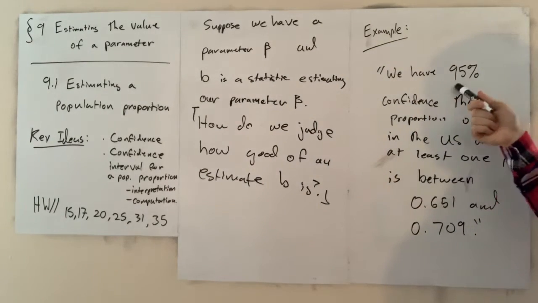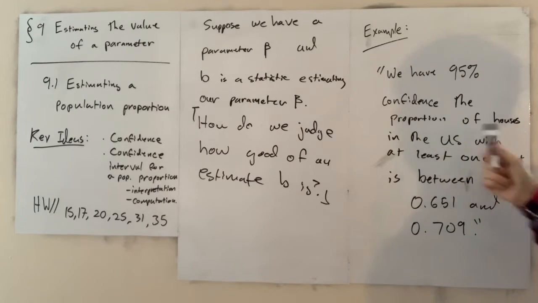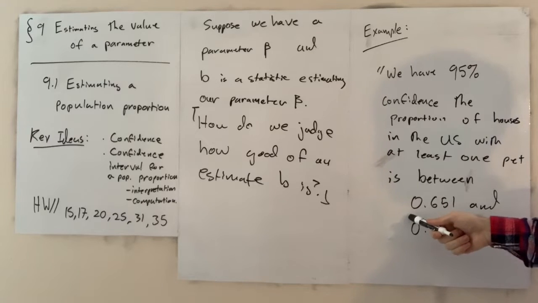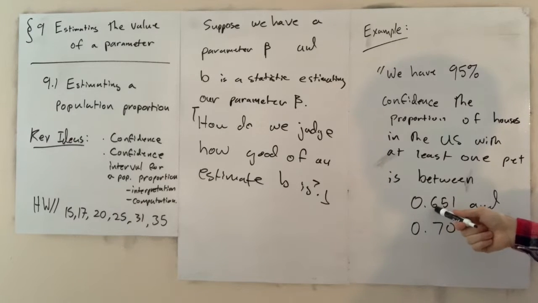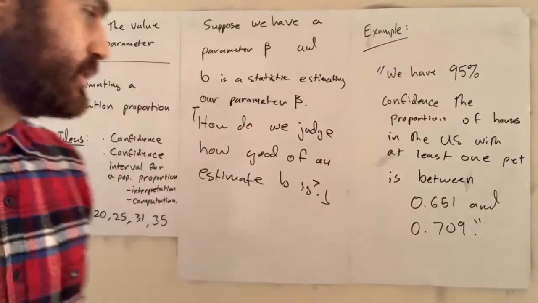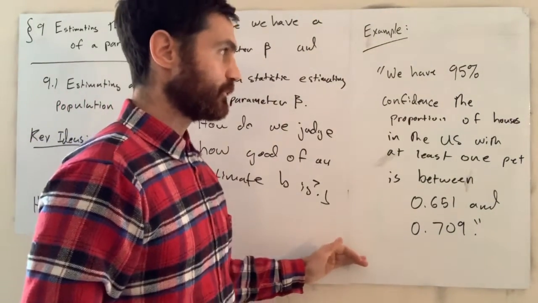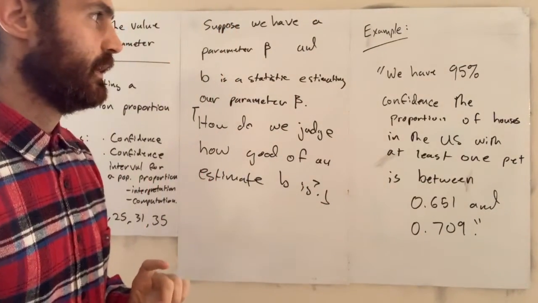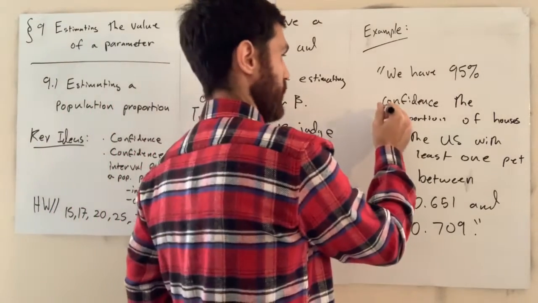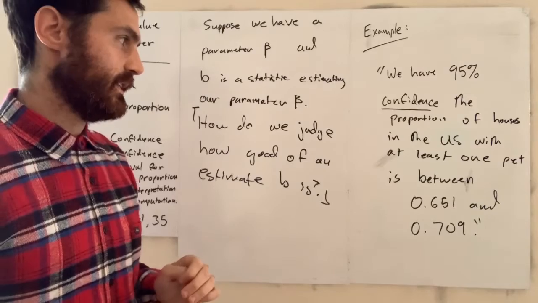We have 95% confidence the proportion of houses in the US with at least one pet is between 0.651 and 0.709. So there's a couple things that I want you to pull from this example. One is this word confidence.